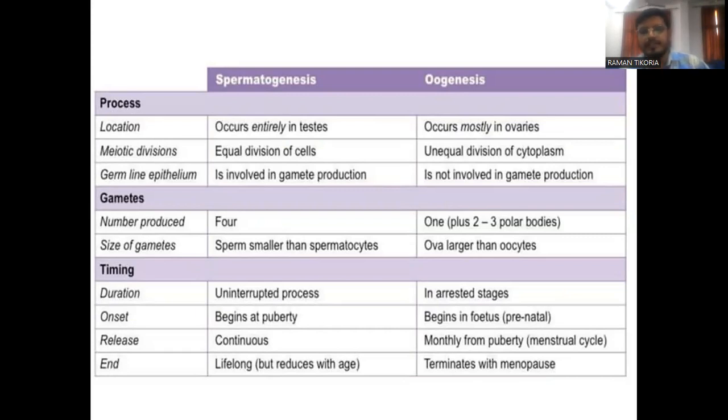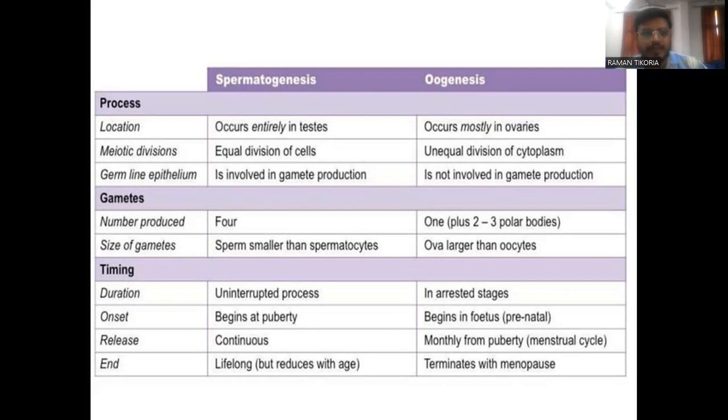Location: entirely in the testis in spermatogenesis, whereas in oogenesis, it is the ovary. Meiotic division: equal division of cells in spermatogenesis, and unequal division of cells in oogenesis. Germline epithelium: in spermatogenesis, it is involved in gamete production; in oogenesis, it is not involved in gamete production.